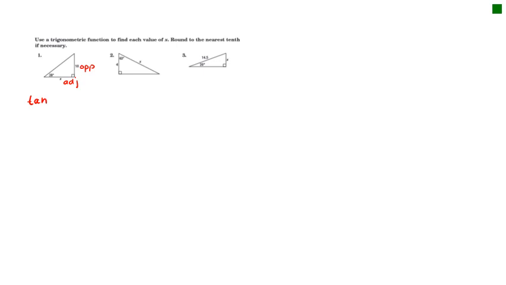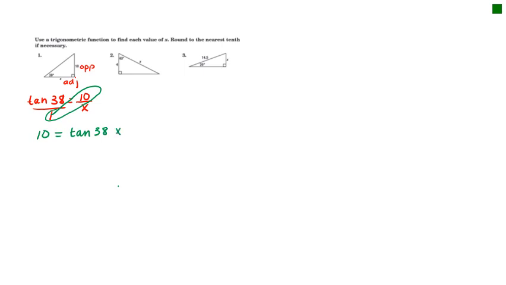So the tangent of 38 equals opposite over adjacent. Okay? So at this point, I like to put this guy over 1 and cross multiply. All right, so 10 equals 1 times 10 is 10, tangent of 38 times x.